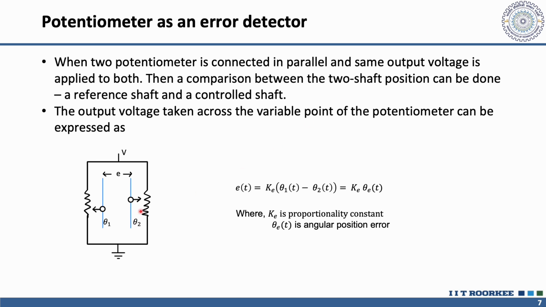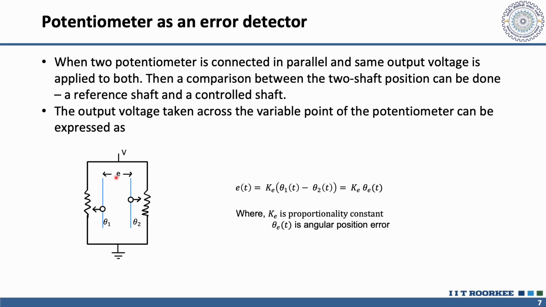Since the reference shaft is fixed, the output voltage across its variable terminal will be constant throughout the process, and we are rotating the controlled shaft, and hence we get different output voltage for this theta 1 potentiometer.